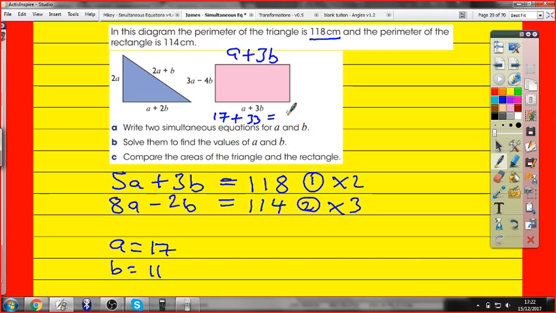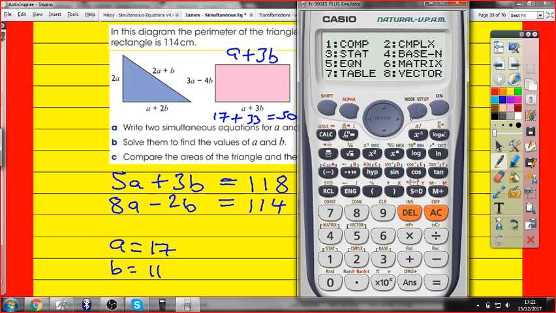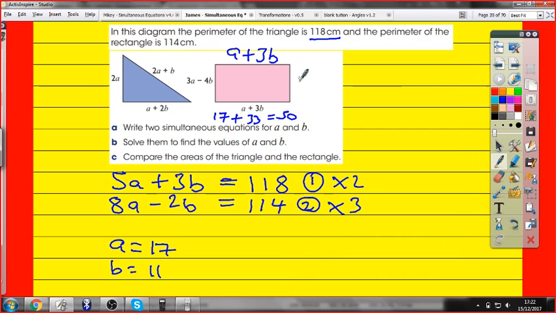3A minus 4B. What would I put into my calculator for that? 3A minus 4B. So 17 times 3. Yeah. And then minus 44. Okay. 7. And then how would I find the area? You do width times height.